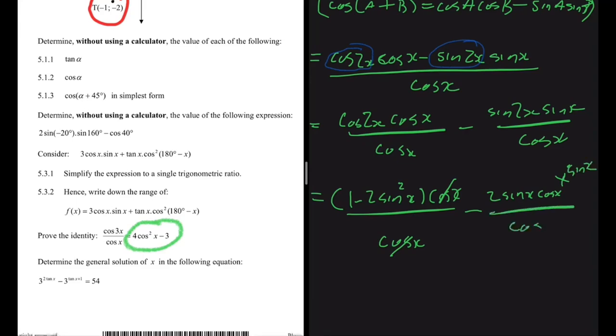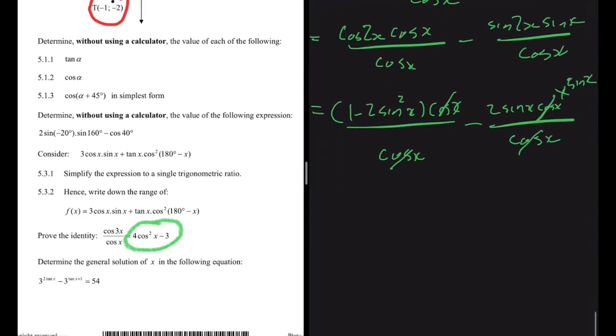Everything divided by cos of x. So cos of x cancels out with cos of x. So we are left with 1 minus 2 sine of x squared minus 2 sine of x multiplied by another sine of x, right? So that will be just sine of x squared, right?